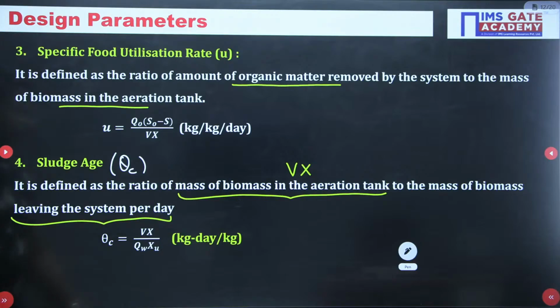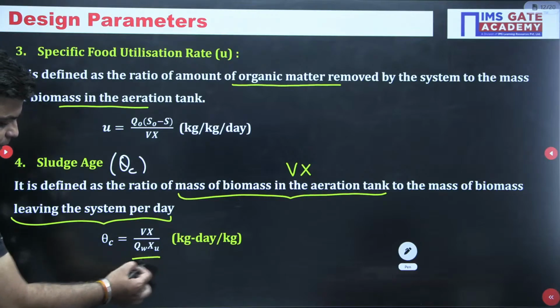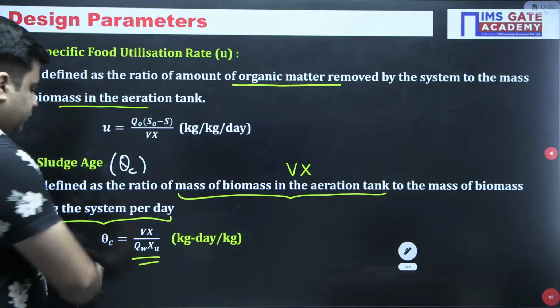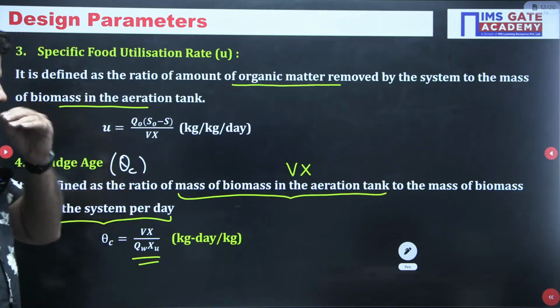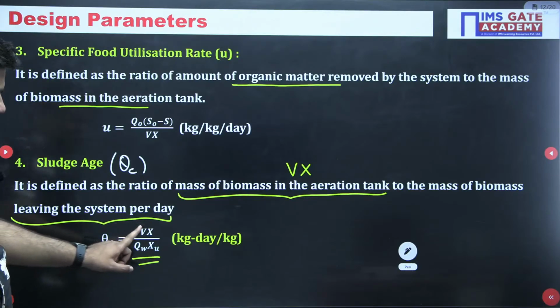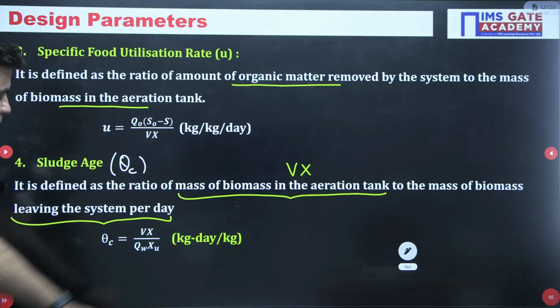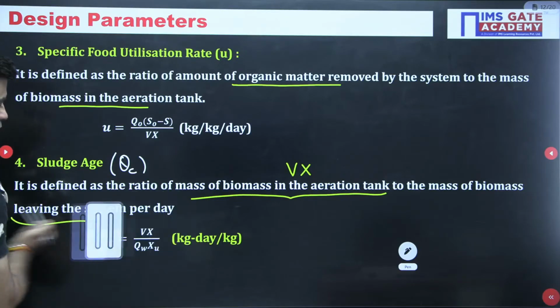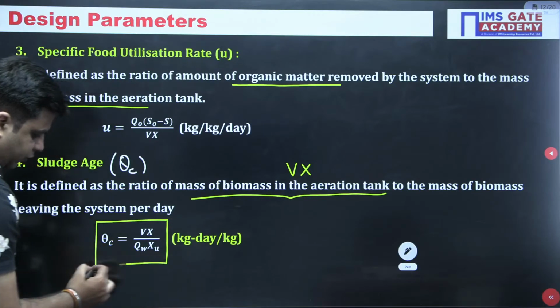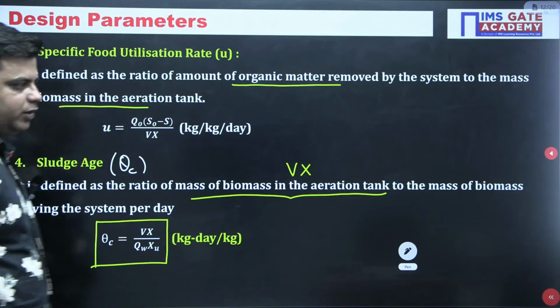The mass of biomass that is leaving the system per day will be QW into XU. So sludge age is defined as V into X divided by QW into XU. So this is your sludge age, V into X divided by QW into XU, right?